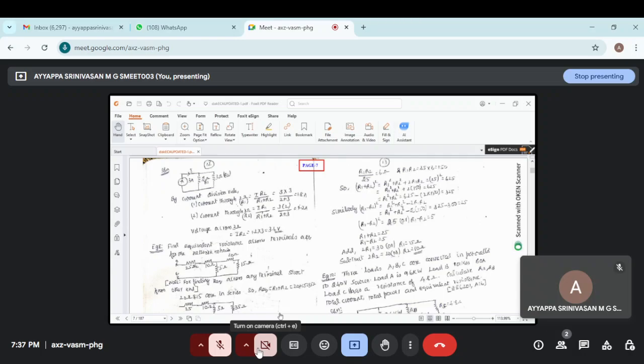Here, this is R1, this is R2, and the total current is I. Then the current through R1 will be given by I R2 by R1 plus R2, and the current through R2 will be given by I R1 by R1 plus R2.